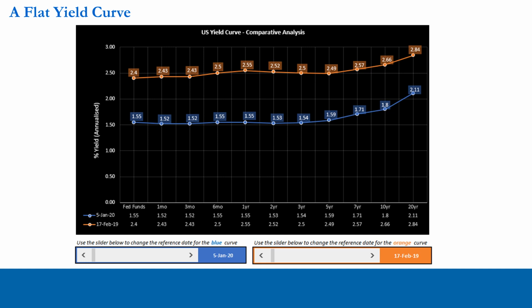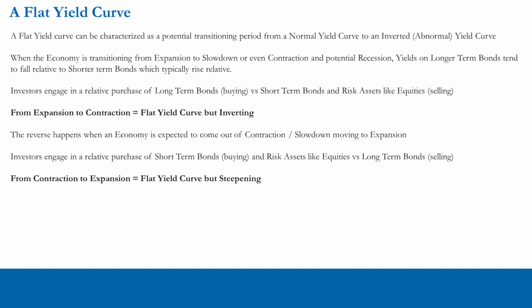So a flat yield curve, how do we read it? Well, a flat yield curve is characterized as a potential transitioning period from a normal yield curve to an inverted, abnormal yield curve, or transitioning the other way. So when the economy is transitioning from expansion to slowdown, or even contraction and potential recession, yields on longer term bonds tend to fall relative to shorter term bonds, which typically rise on a relative basis.